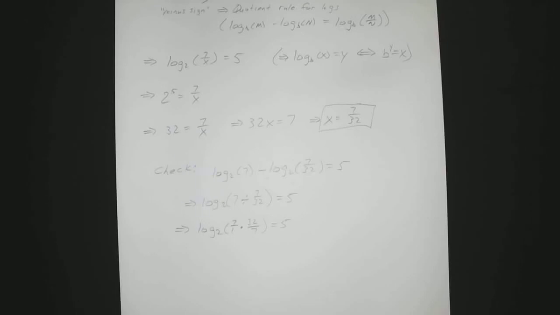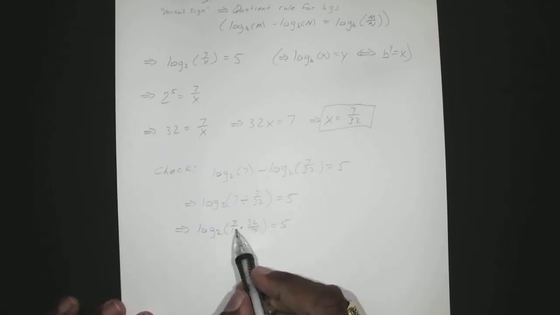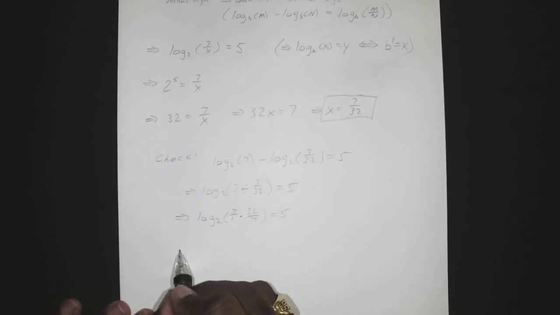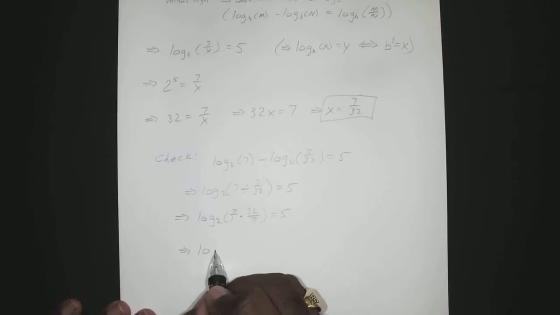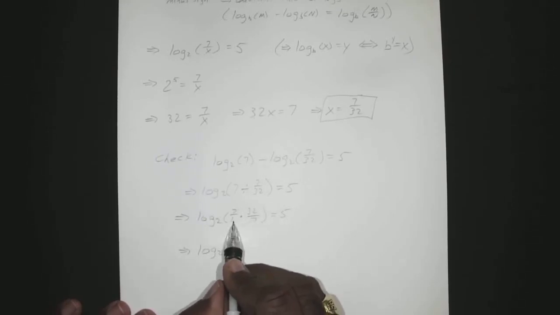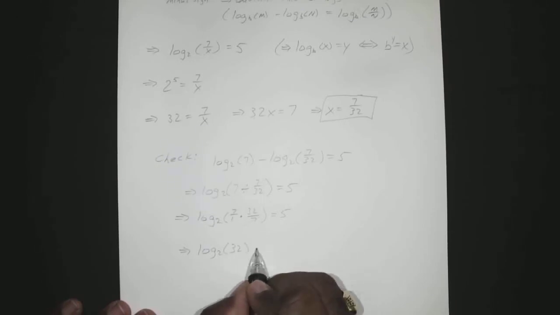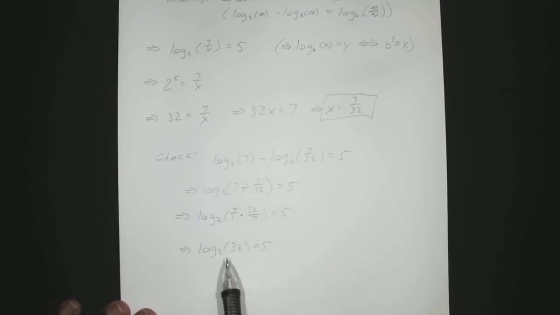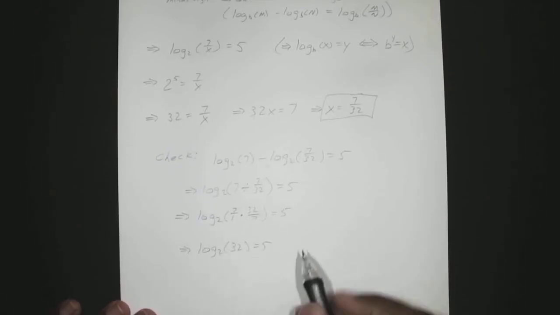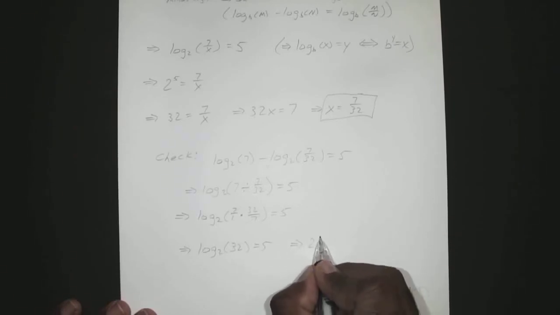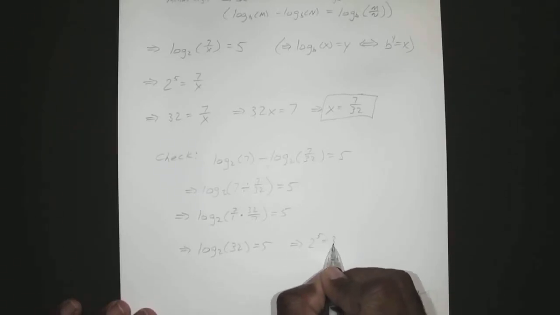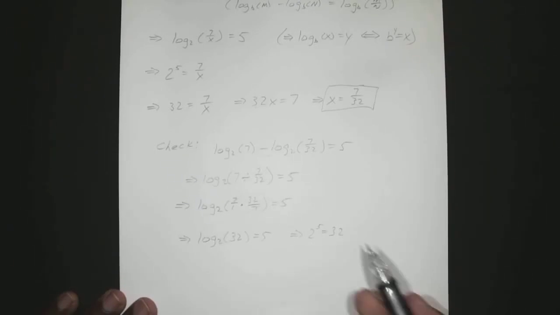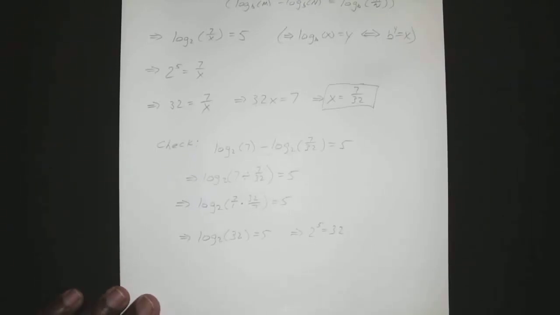The two 7s cancel each other out, so we don't have to worry about those anymore. So we end up with log base 2 of 32 over 1, 32, is equal to 5. 2 to the power of 5 equals 32. If we rewrite it, 32 equals 32, so that's actually true.